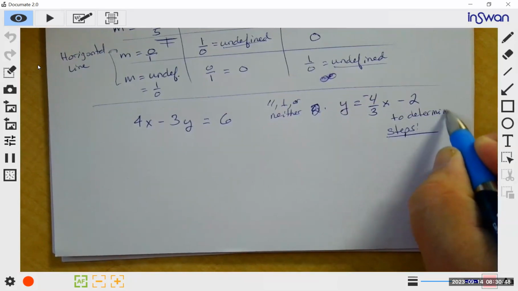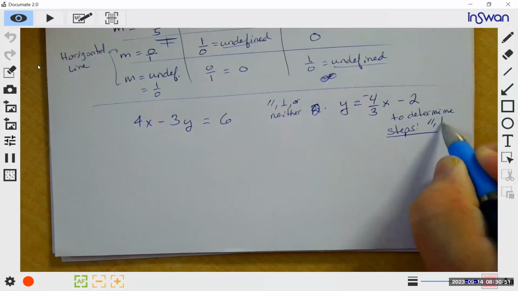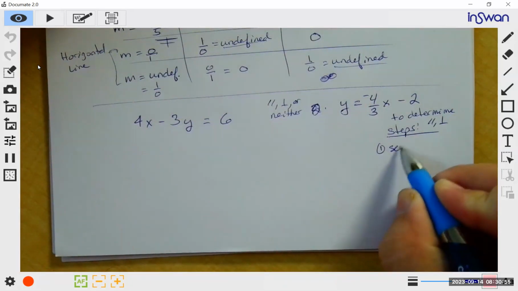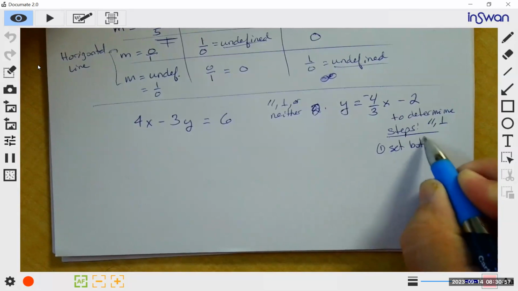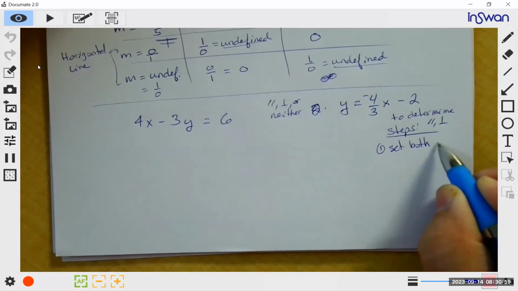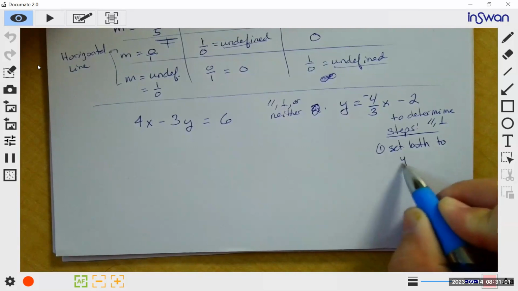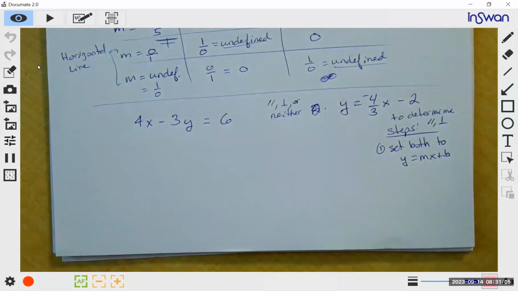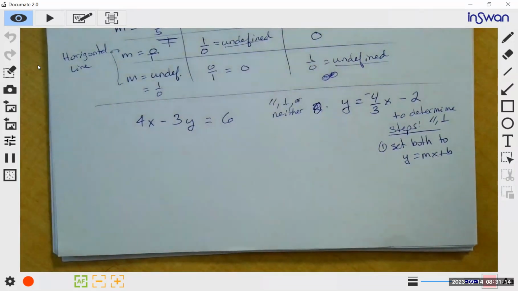These are the steps to determine parallel or perpendicular. First step: set both equations to y equals mx plus b. Why do we do that? Because remember our chart of our four possibilities?